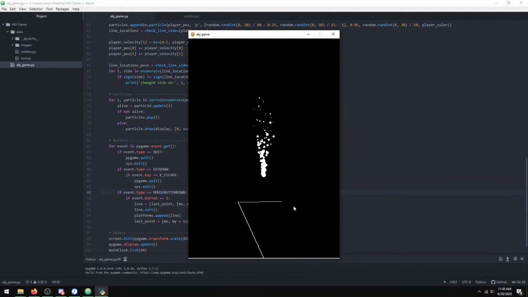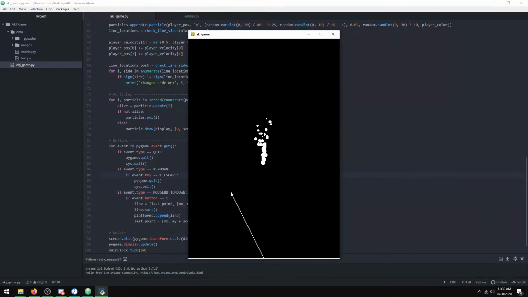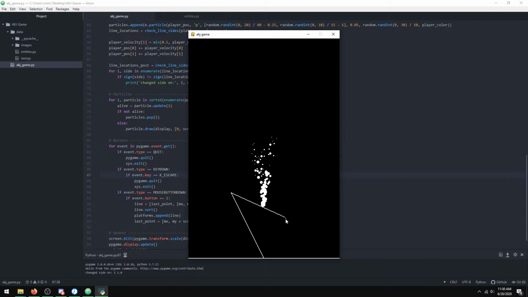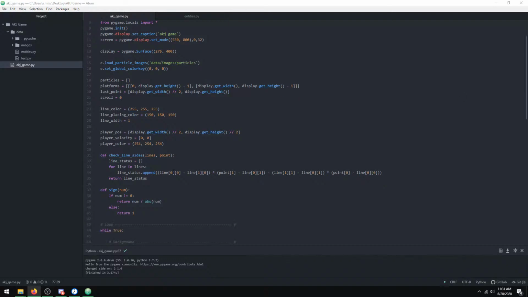So, wait, what was that? Did I get the thing wrong? I just want to line up. I'm going to pull up that Stack Overflow article again. Let's see, okay. Oh, I did my line 0 minus 1, not 1 minus 0, times the y of the point.